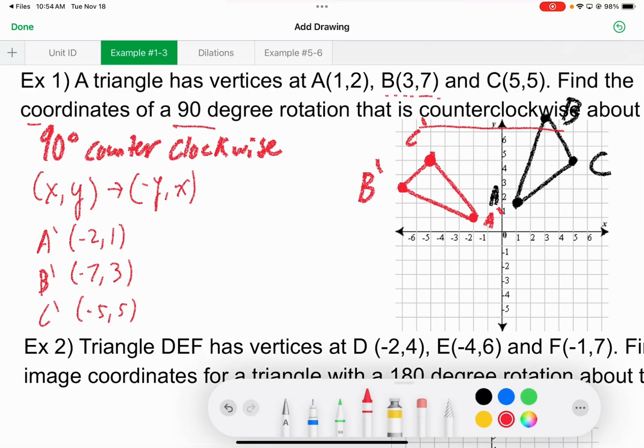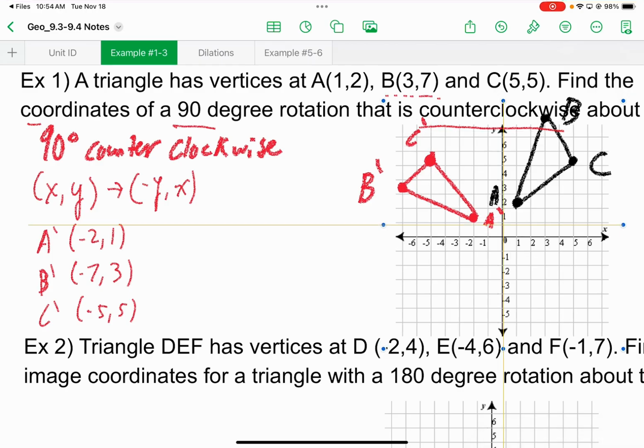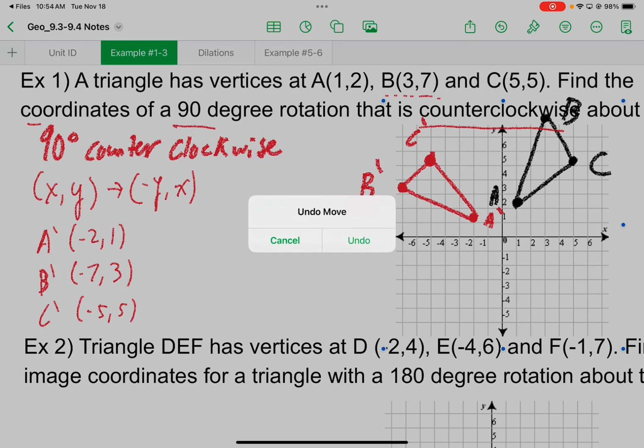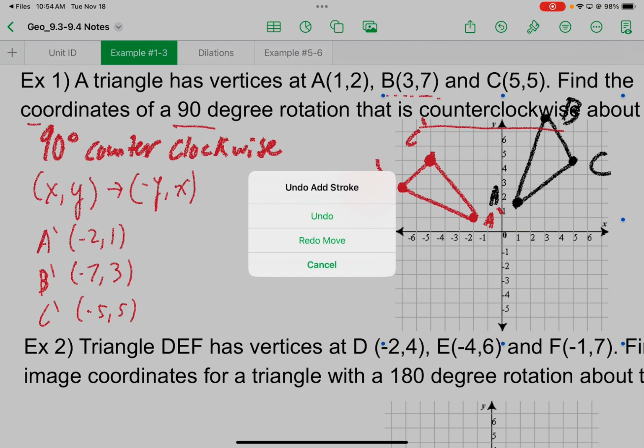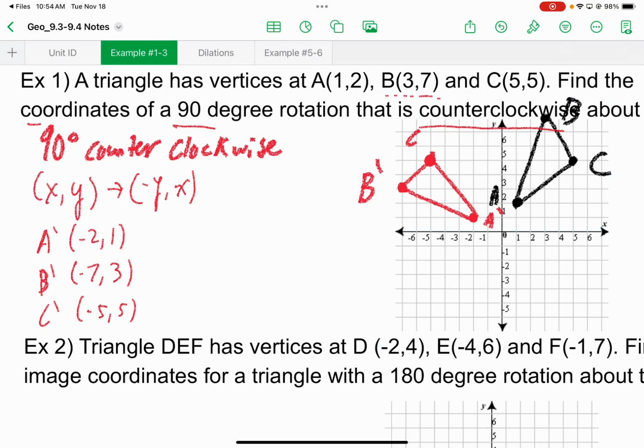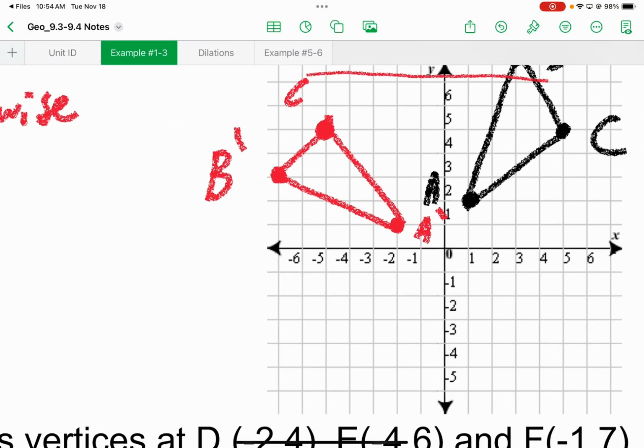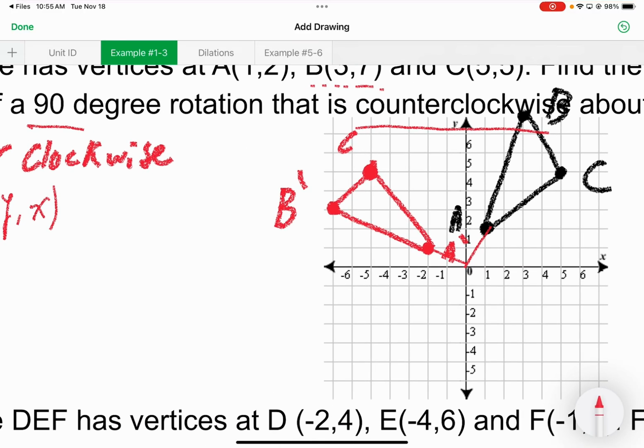Which means to each one of these points, what I should be able to do is connect the original point to the origin and then connect it to the point that I ended up with, and it should be a 90-degree angle. So for example, from here to there, does that look like 90 degrees?